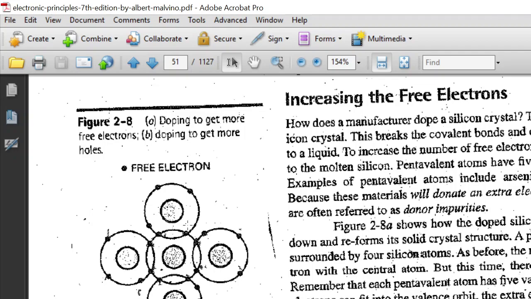Though we have been able to increase the number of free electrons inside the crystal, the number of electrons and protons are the same, because we have not taken away any positive charge or thrust in any additional negative charge from outside. So please bear this in mind.